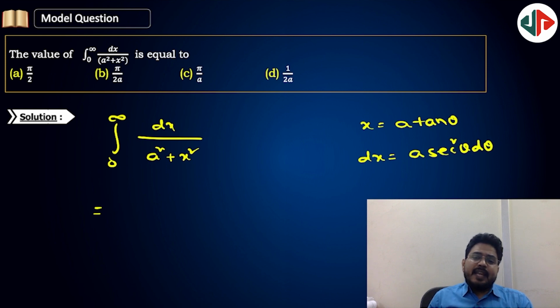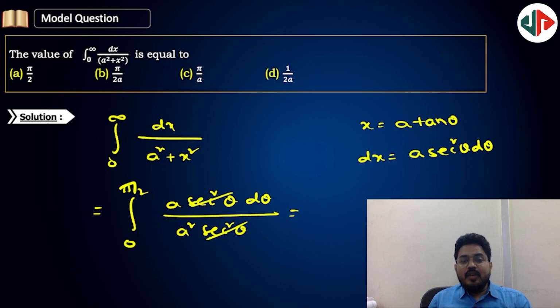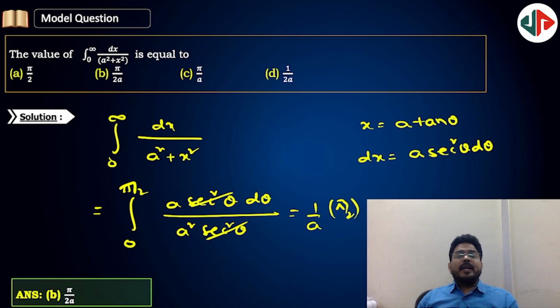When x is equal to 0, theta is 0, and when x is infinity, theta is pi by 2. So it is a secant square theta d theta by a square secant square theta. Secant square theta is cancelled. 1 by a of theta, the answer is pi by 2. So the answer is pi by 2a. What is the answer? Pi by 2a. Next question.